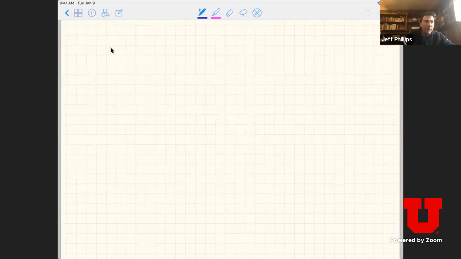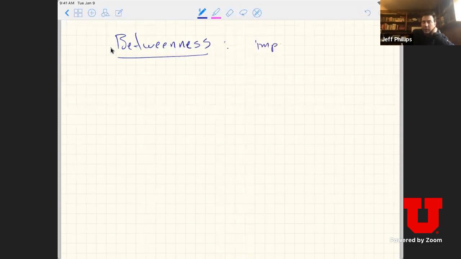So let me start with this notion of betweenness. There are a variety of ways of defining this. This is one of the most classic ways of defining important edges in a graph.